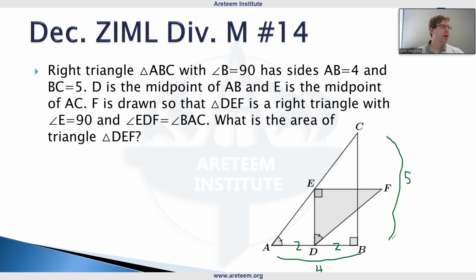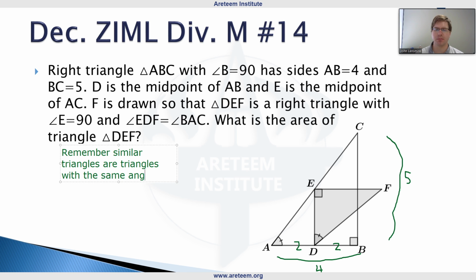Okay, so remember, this is a really perfect problem of similar triangles, right? Similar triangles are triangles with the same angles, so their sides have a common ratio.